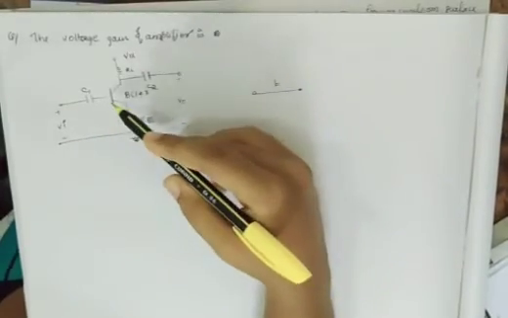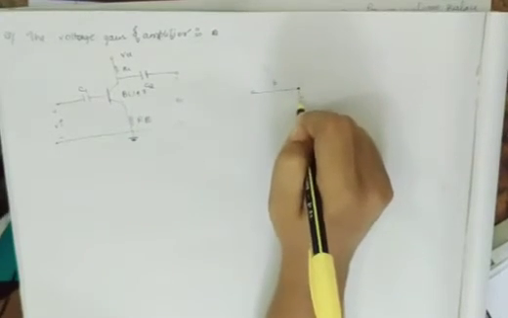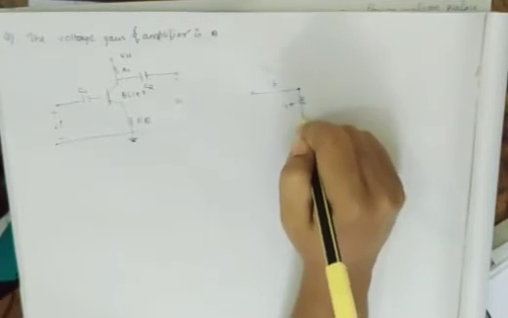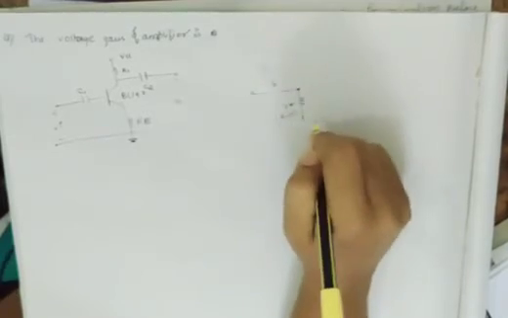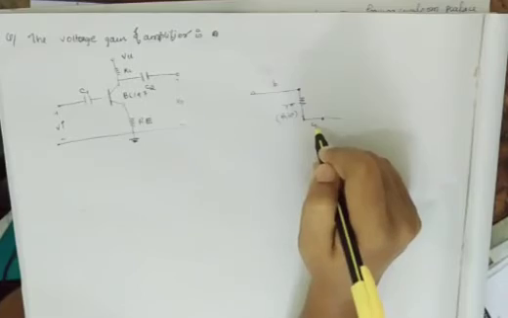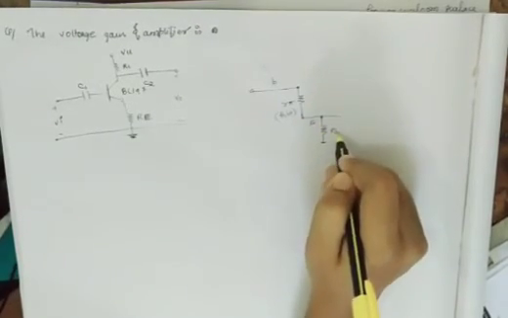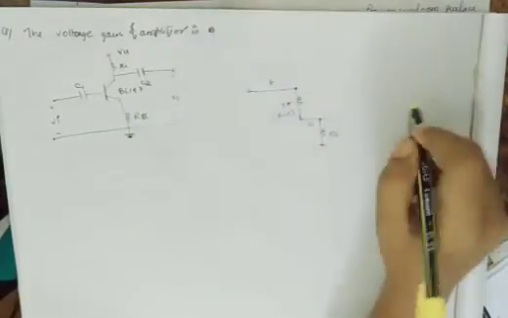From base to emitter, there will be a resistance, that is our R pi, or we can write it as HIE. Then we reach the emitter, and from emitter there is a resistance RE to the ground, and then we are taking the collector.